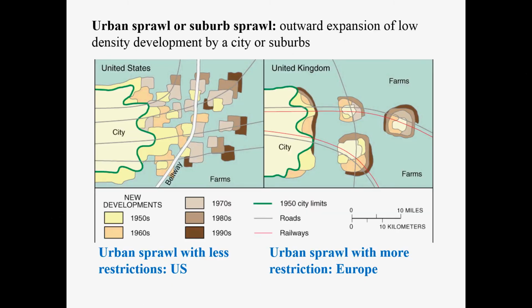Okay. There is also the issue of urban sprawl and suburban sprawl. When people move away from central cities, they take advantage of cheap land in suburban and rural locations to build homes.